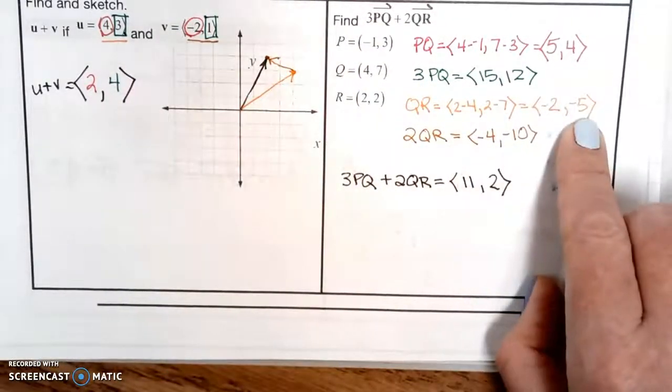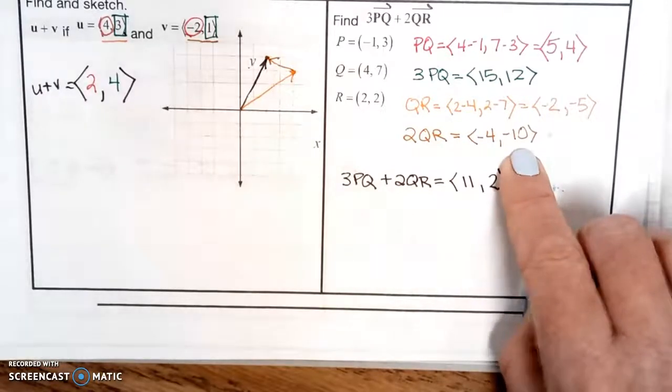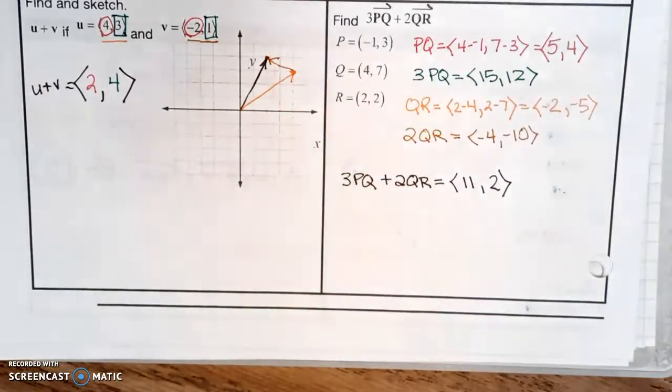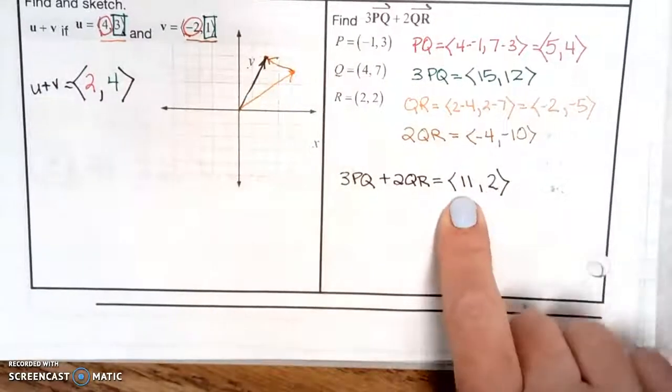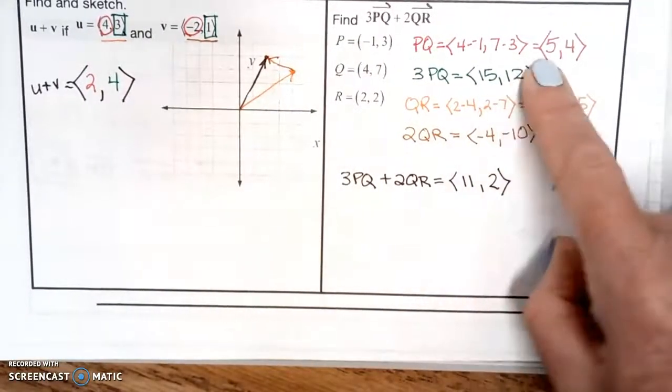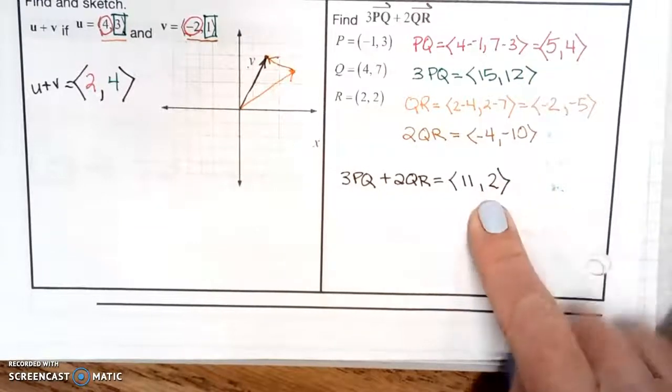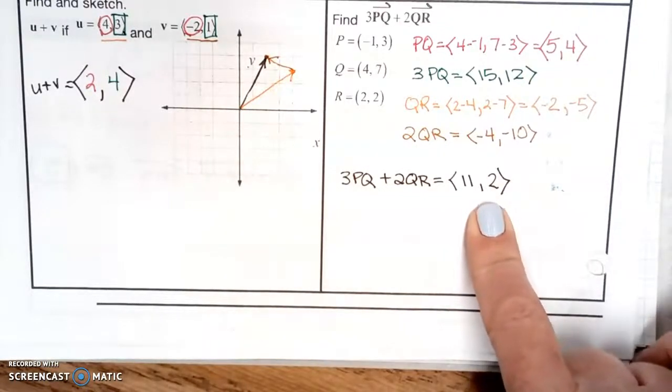And 2 times negative 5 would be negative 10. Then we have to go back and add those two together. So we're going to add the 3PQ and the 2QR, combine them together. So the 15 plus negative 4 is 11, and 12 plus negative 10 is 2. So there's a couple things happening in that one.